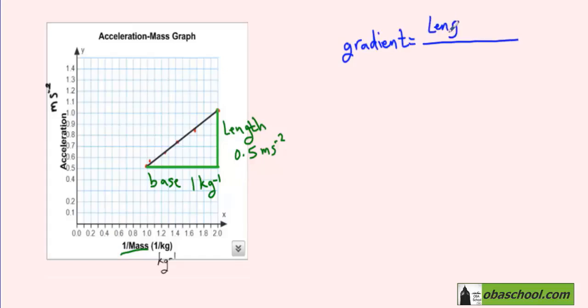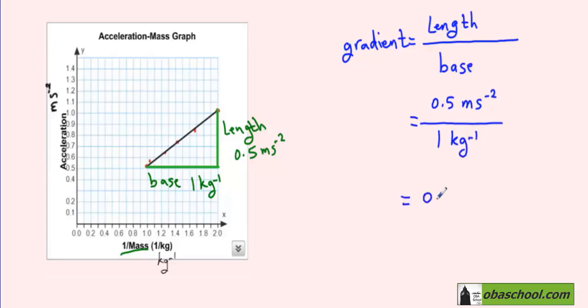So we already have the length and the base. It is 0.5 meters per second squared over 1 kilogram to the power minus 1. The gradient is 0.5 meter per second squared per kilogram.